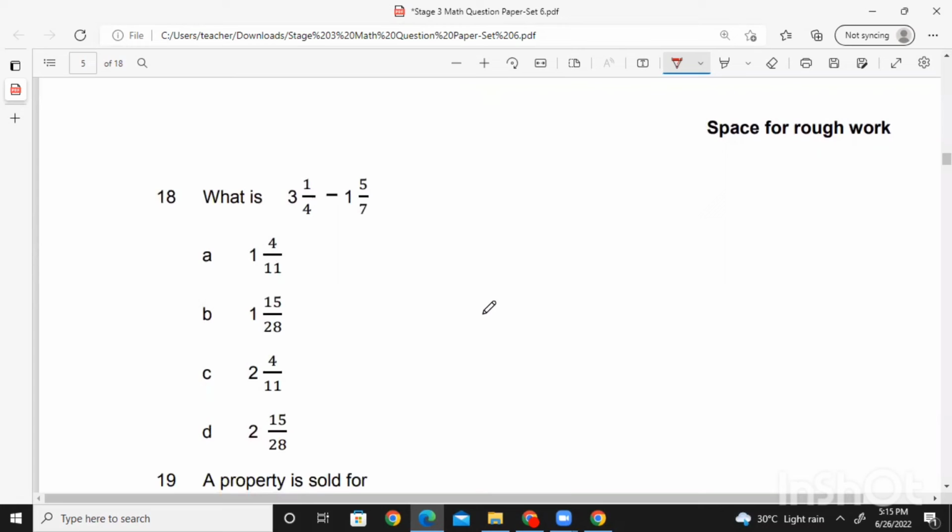What is 3 1/4 minus 1 5/7? So when I look at this now, I have to work this out because I'm getting 2 sets of numbers there. So because I'm getting those, then I can't just work with them. So I'm going to have to work with everything. So let us quickly convert. 3 times 4 is 12 plus 1. This is 13 over 4. 7 times 1 is 7 plus 5, that is 12 over 7. So I'm working with some mixed numbers now, right?